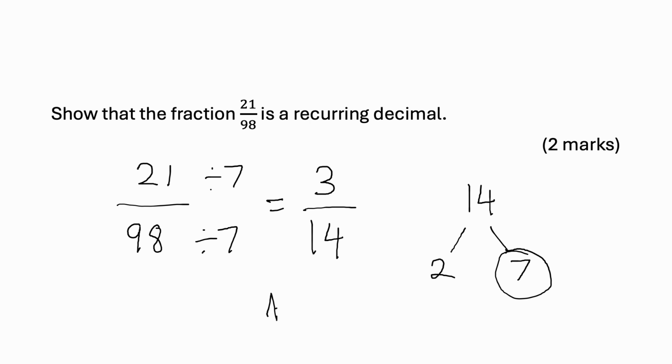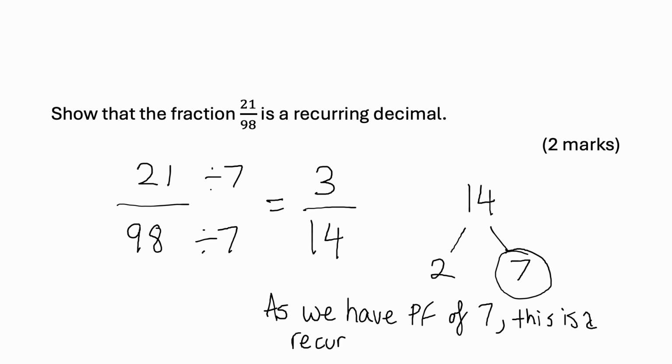So as we have prime factor 7, this is a recurring decimal.